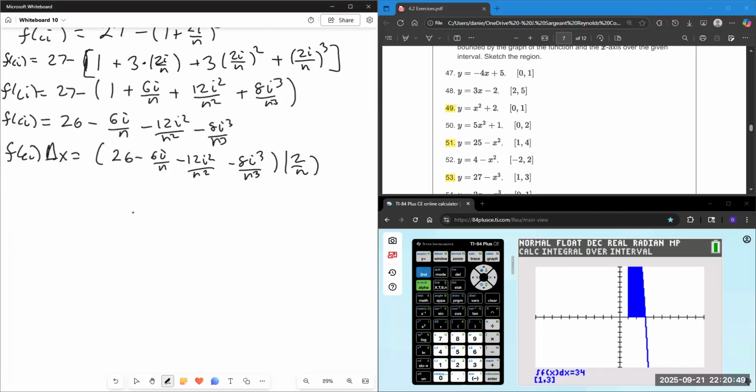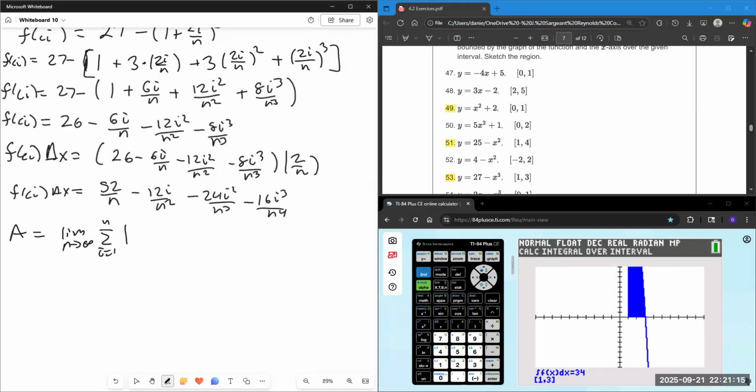It's going to be 52 over n minus 12i over n squared minus 24i squared over n cubed minus 16i cubed over n to the fourth. So exact area is the limit as n goes to infinity, summation i equals 1 to n of 52 over n minus 12i over n squared minus 24i squared over n cubed minus 16i cubed over n to the fourth.